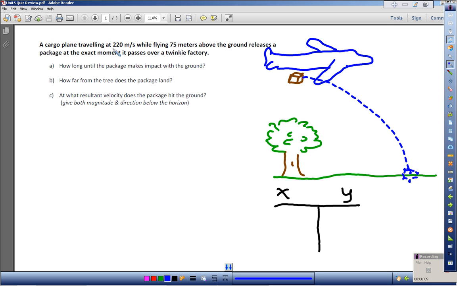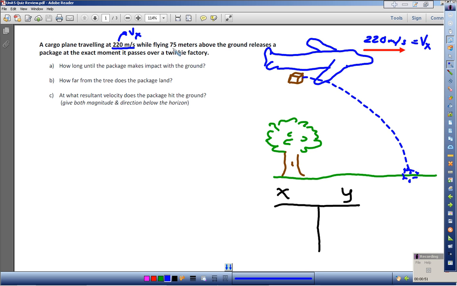First thing I'd like to point out here is the information that they're trying to give me. I see 220 meters per second, and that's the velocity of the plane, so I'm going to realize that is the velocity in the horizontal direction, 220 meters per second, and I'm going to label that.